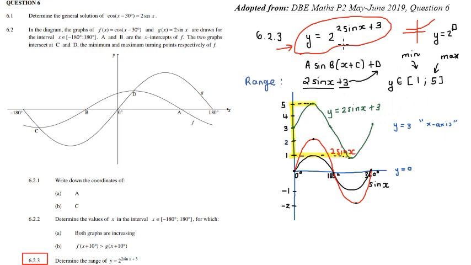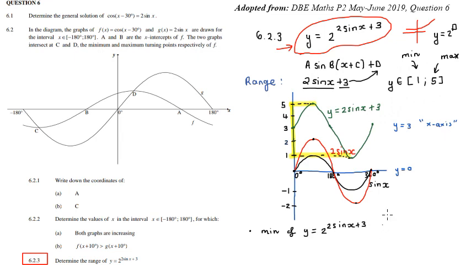That will then help us to determine the range of y is equals to 2 to the exponent 2 sine x plus 3. So the first thing we need to do is to figure out what is the minimum y value that y is equals to 2 to the exponent 2 sine x plus 3 is going to have.